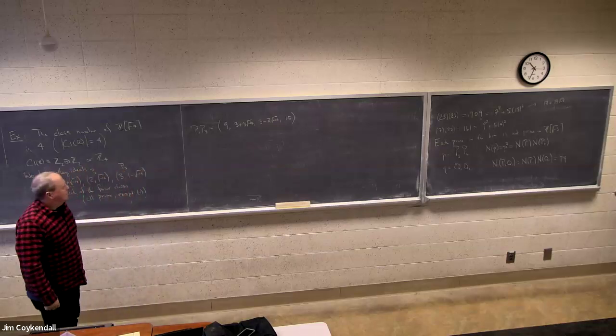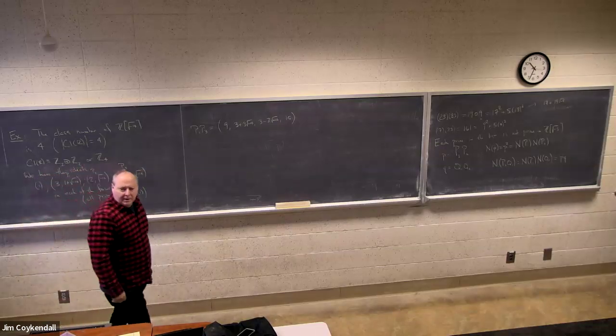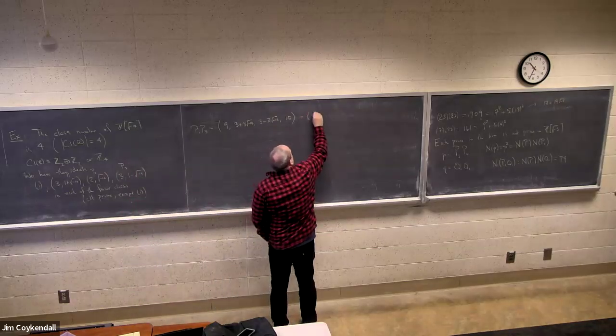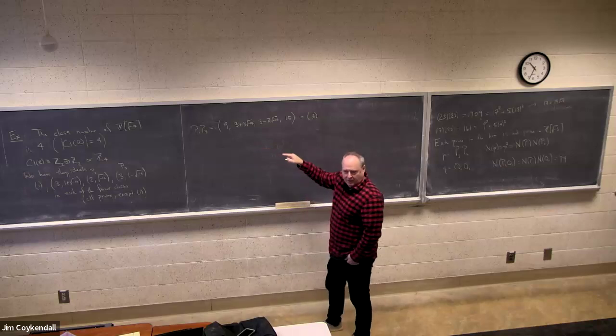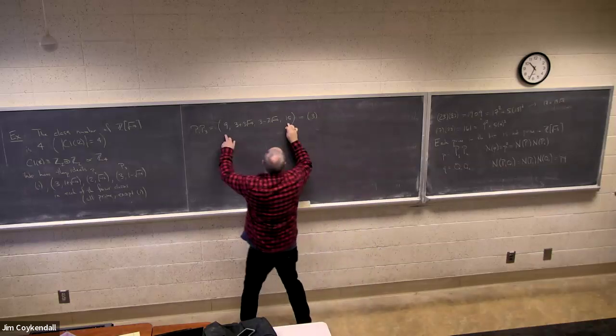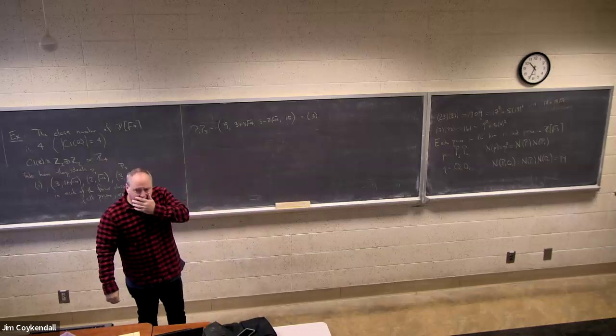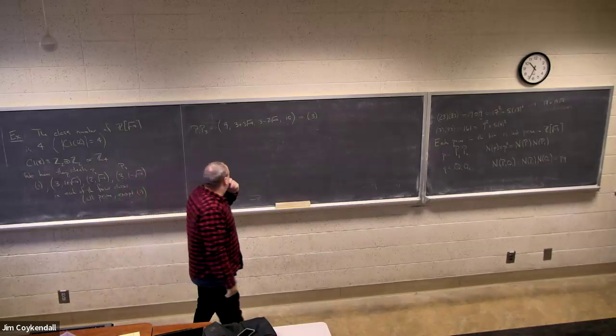Can somebody give me a more compact way? Outright, everybody agrees the ideal is in about 3. Certainly 3 divides everything here. And because I've got a 9 and a 15, I've got the greatest common divisor in the integers, which is 3, right?